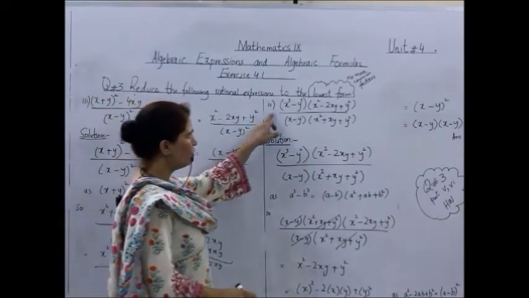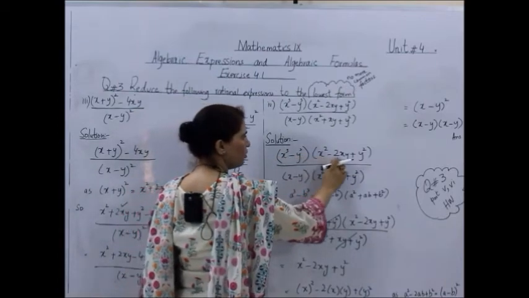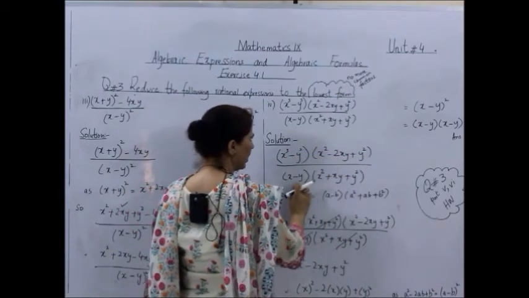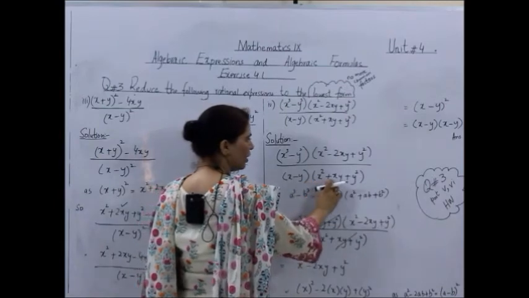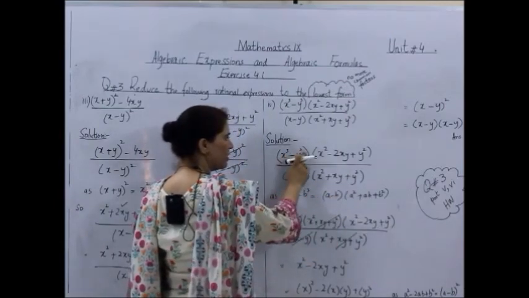Look at next question number 4. (x³−y³)(x²−2xy+y²) divided by (x−y)(x²+xy+y²). Look at here, x³−y³.